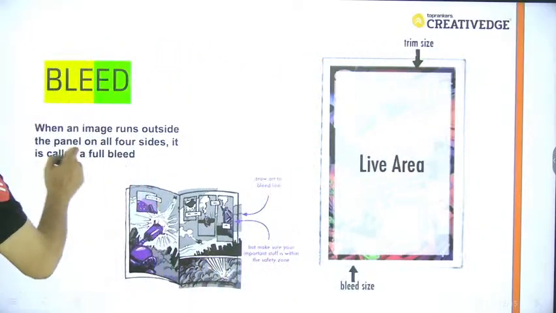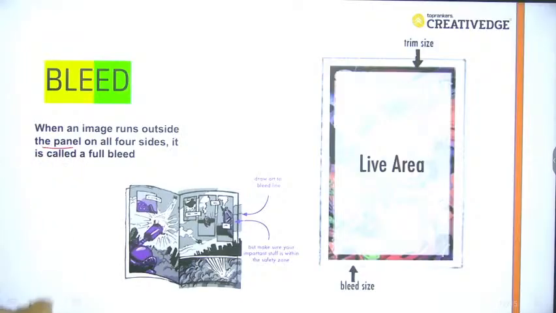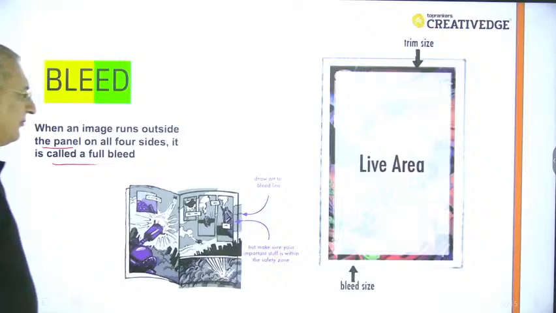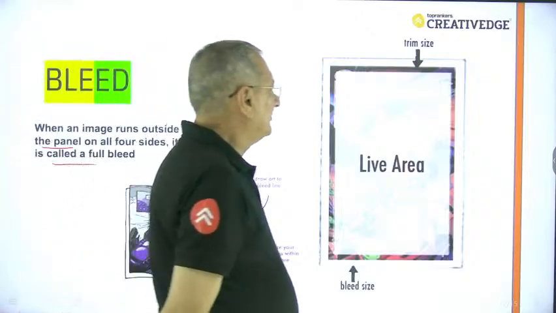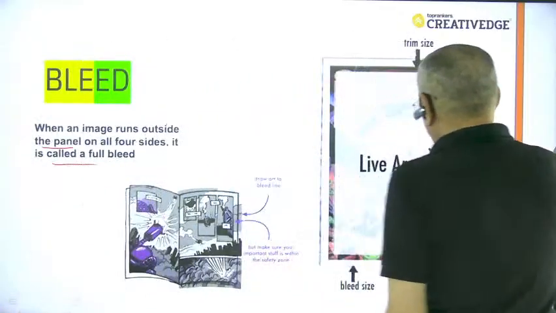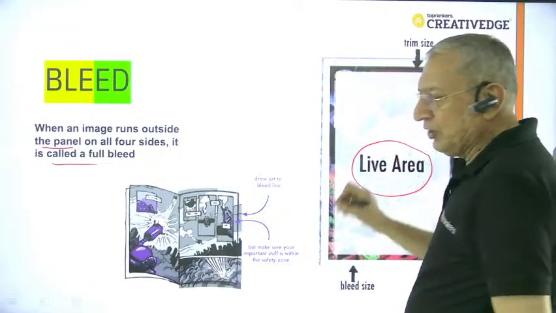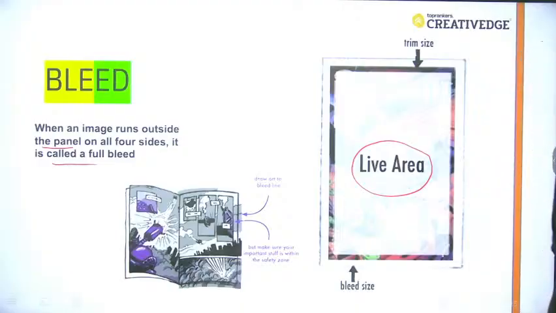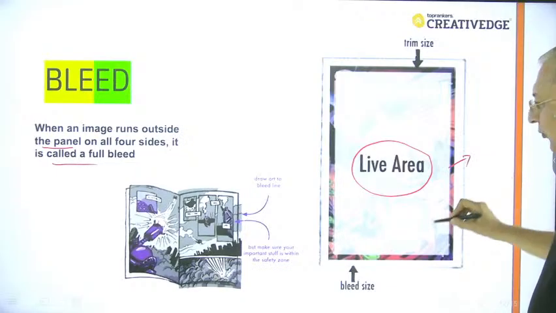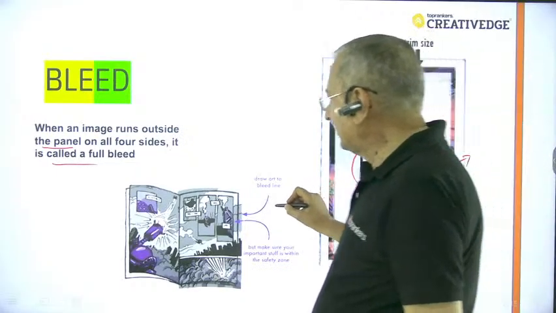When an image runs outside the panel on all four sides, it is called a full bleed. The live area is where you actually sketch or represent the story. And if it bleeds on all four sides, then it is called full bleed.